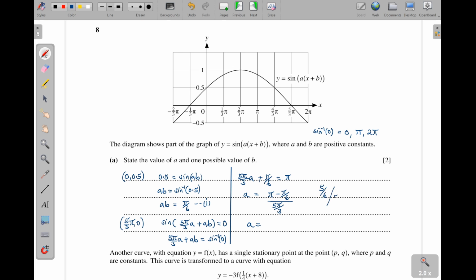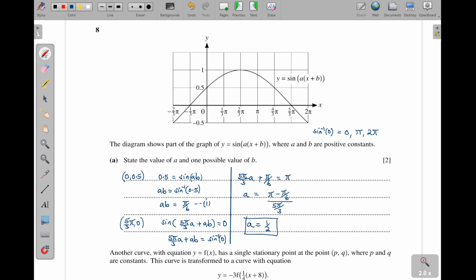Then we divide by 5 over 3. So you have 5 over 6 times the reciprocal of the denominator, 3 over 5. This one disappears, and then you have a 1 here and a 2 here. So our a is going to be equal to positive a half.